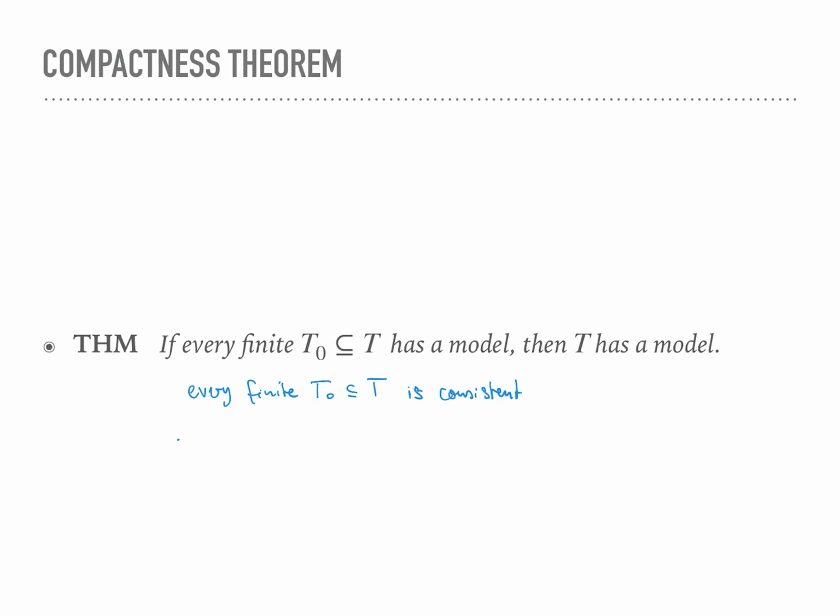So that means from this we can conclude that T is consistent. And that now implies, by the model existence theorem, that T has a model. So now apply the model existence theorem or the completeness theorem equivalently.